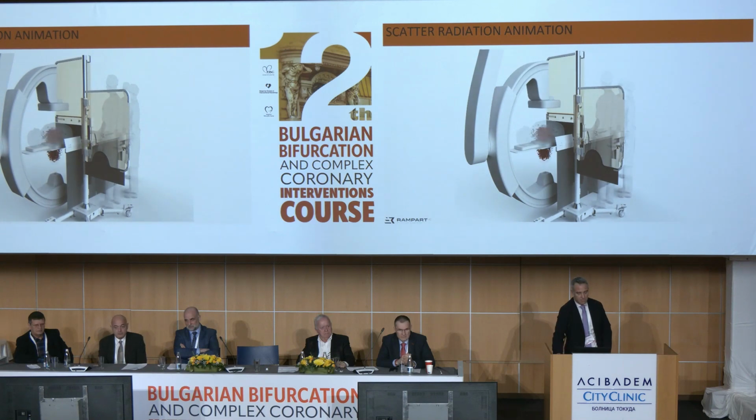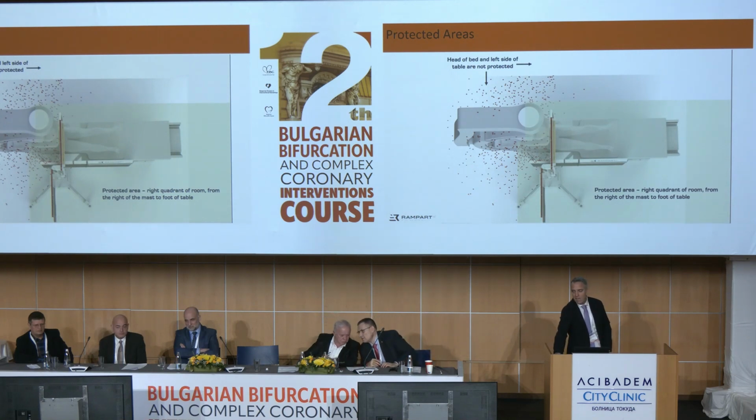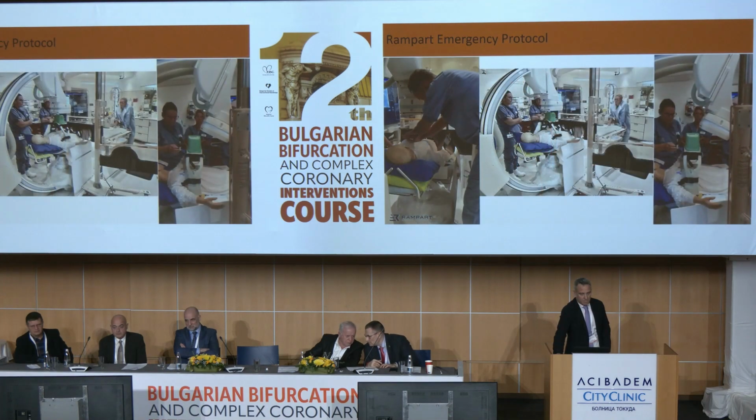So these animations, you have already seen, and you can see here the area that is protected. All this green area is protected from the radiation. Also, when you need some emergency stuff, you can put Rampart on small wheels.